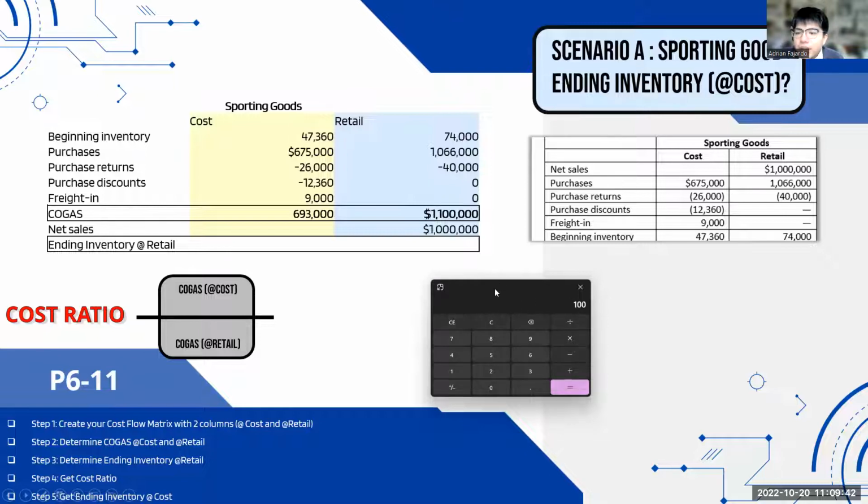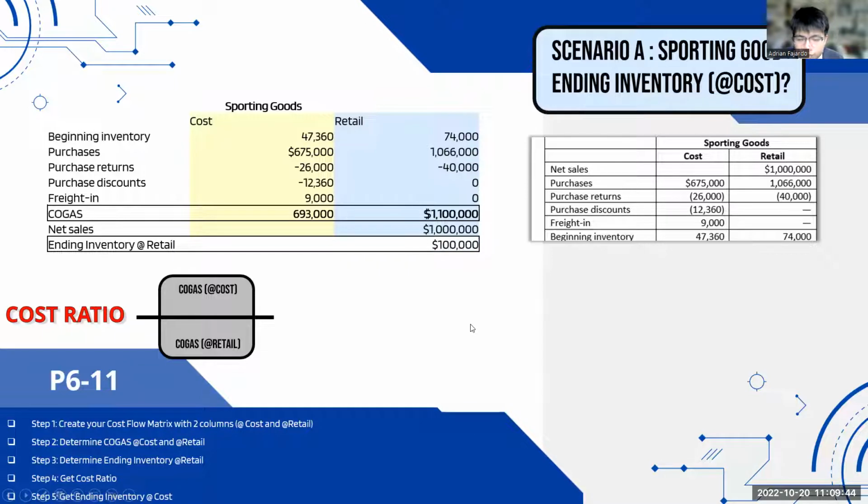So our ending inventory at retail is 100. So now, how can we transfer this retail price back to cost? And the way to do that is to get our cost ratio, which is just basically COGAS at cost divided by COGAS at retail, which will give you 63%. So now we know that the cost ratio is 63%.